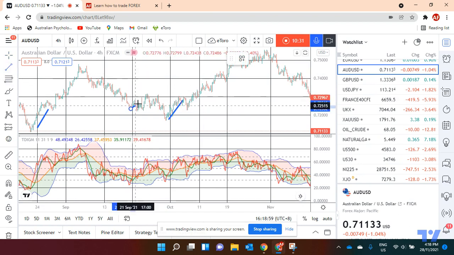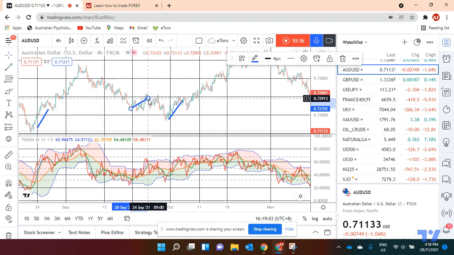So from here to here, you could stay in this trade again, not bad. But many times, it may give you false signals as well. But as far as I see here, even here, you can see gone above and then down. So it works very nicely on this pair, Australian dollar versus US dollar.